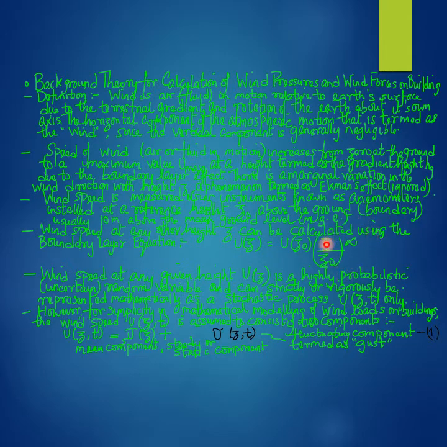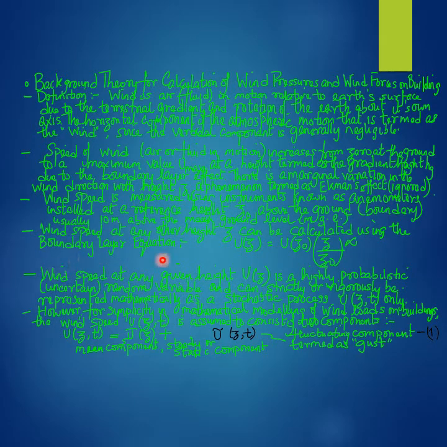So the surface roughness coefficient alpha in the context of the atmospheric boundary layer would be adopted considering the terrain conditions of the boundary.